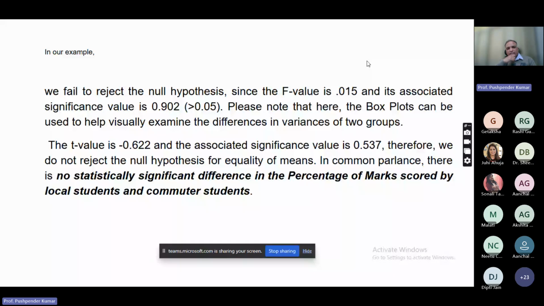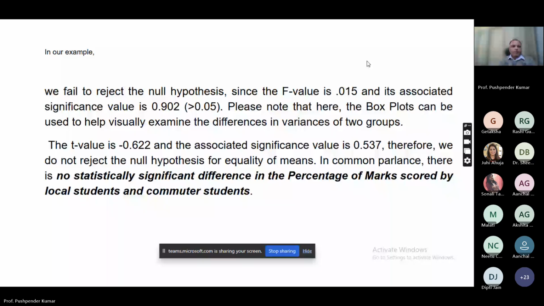The significance is 0.902. So they are not significantly different. So we have discussed three types of t-test. Any doubt up to this?